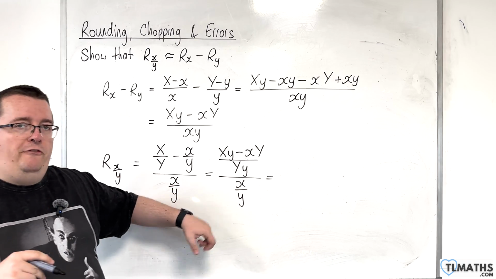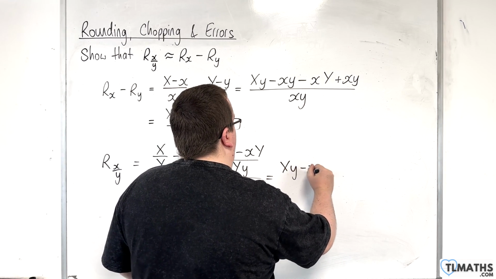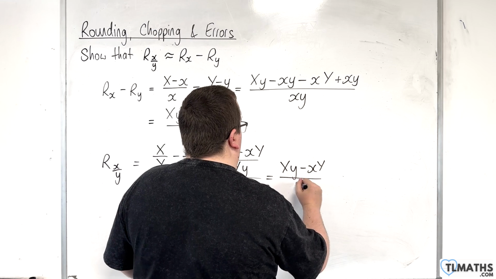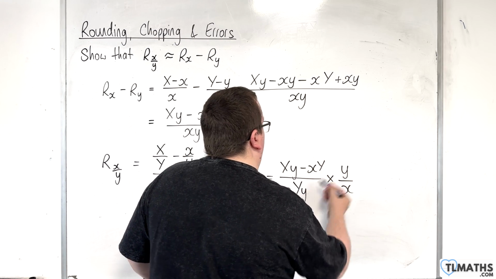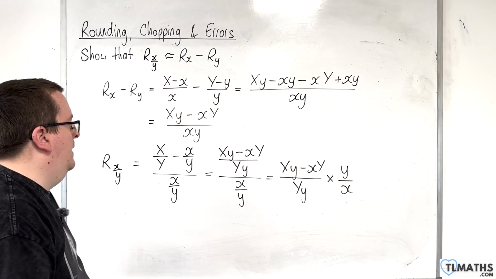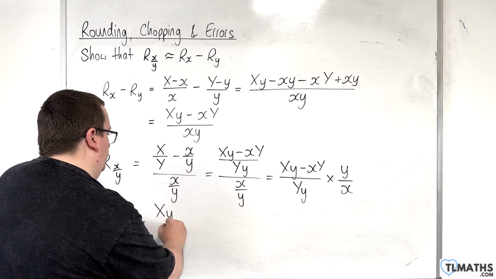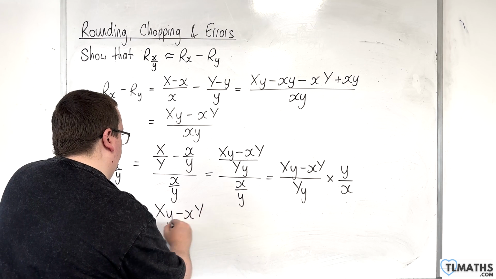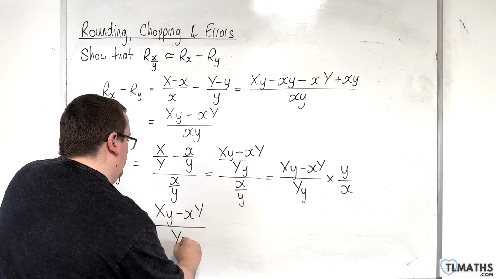So we're dividing by a fraction, so that's the same as multiplying by the reciprocal. So the y's cancel away, and the x, lowercase x, will go into the denominator. So we'll get this.